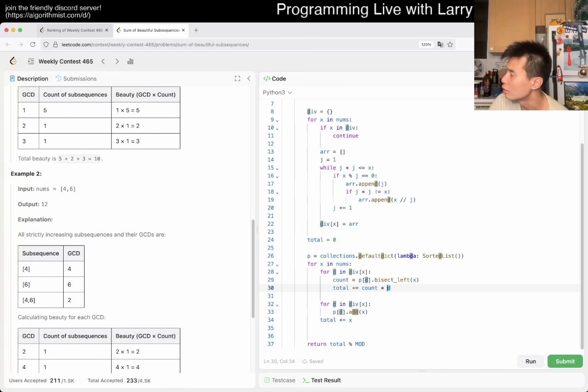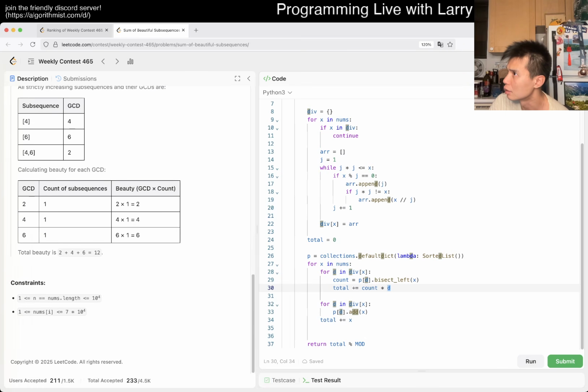So for example, if we have 6, then it's 6 minus 2 and 3, recursively minus the 1s, something like that.